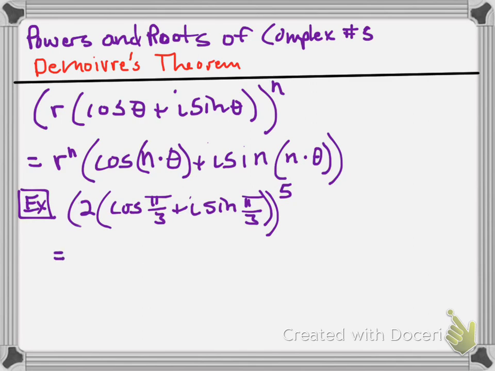So what are we going to do with the 2? The radius of the complex number, we're going to raise it to the 5th power, right? And I'm going to take the angles and multiply them by 5. So this will be cosine of 5 pi over 3 plus i sine of 5 pi over 3.